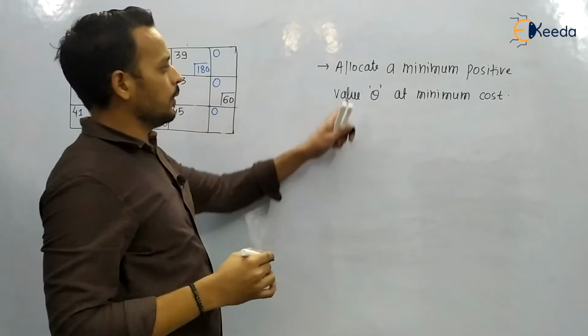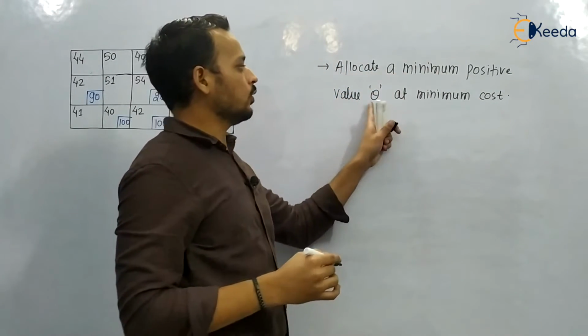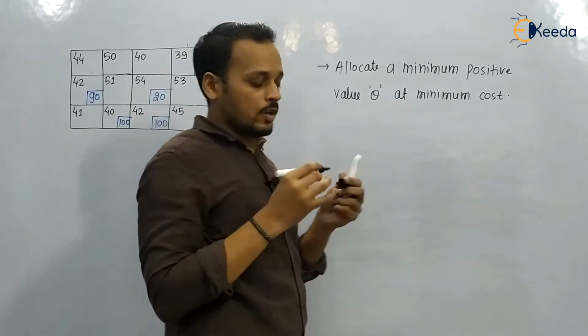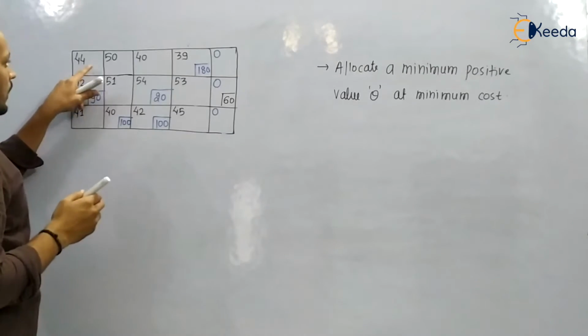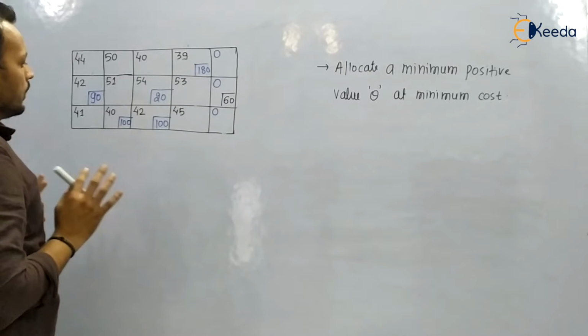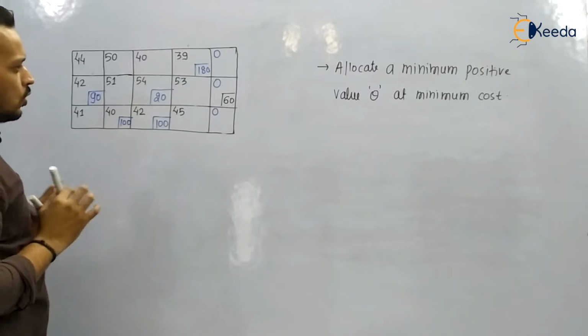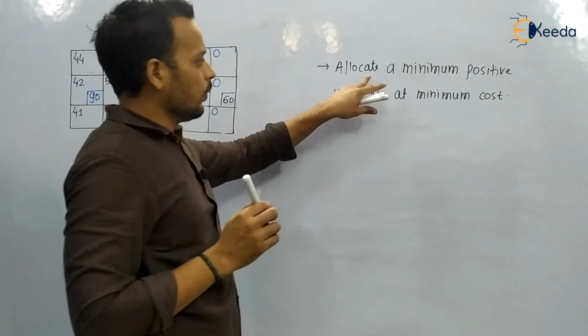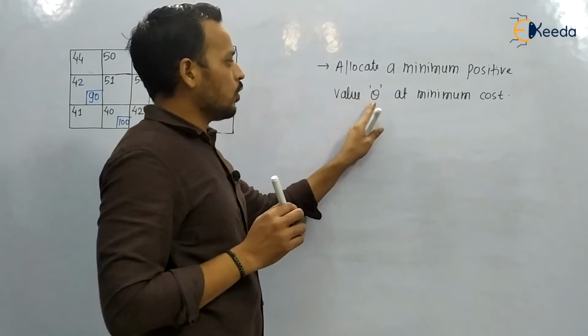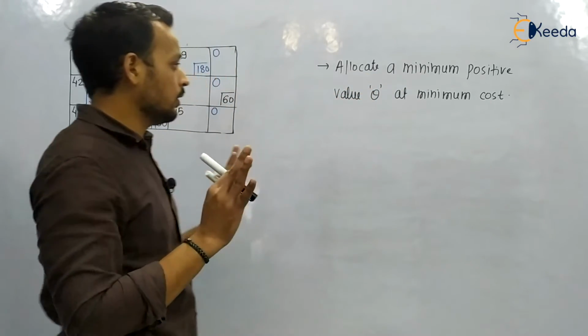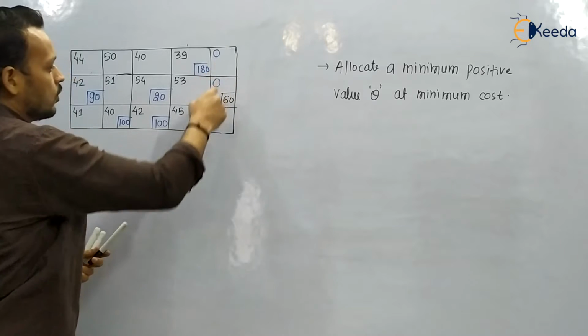These blanks are unallocated, so we will try to allocate a minimum positive value theta at the minimum cost. So minimum is 0 and 0.